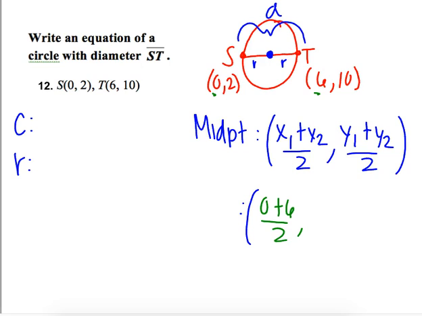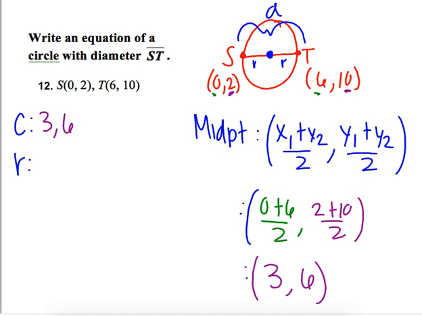And then we add our y coordinates together, 2 plus 10 over 2, and simplify. 0 plus 6 is 6, divided by 2 is simply 3. 2 plus 10 is 12, divided by 2 is 6. We just found our center. All we had to do there was the midpoint.